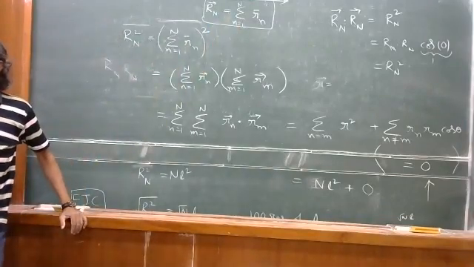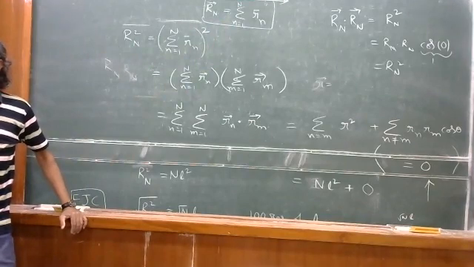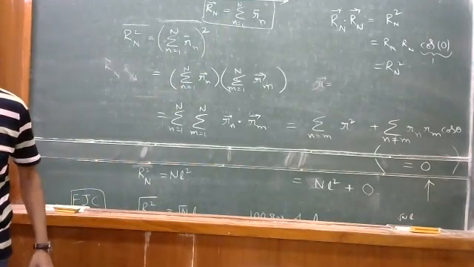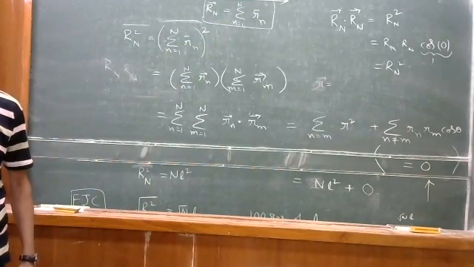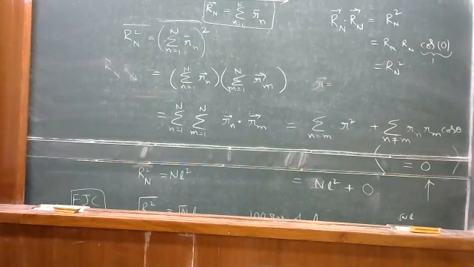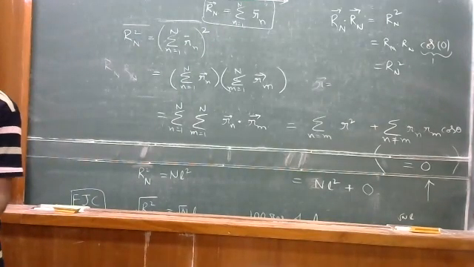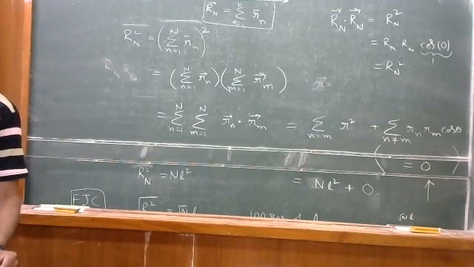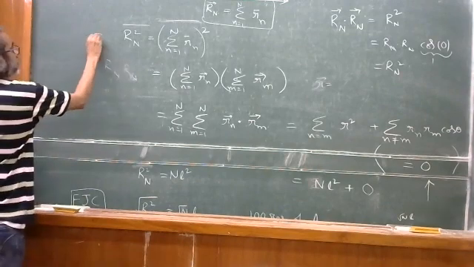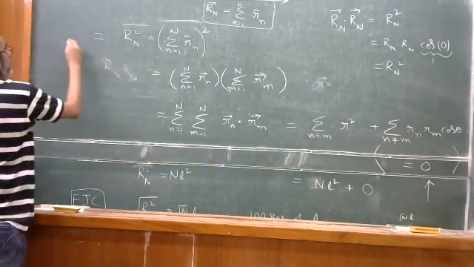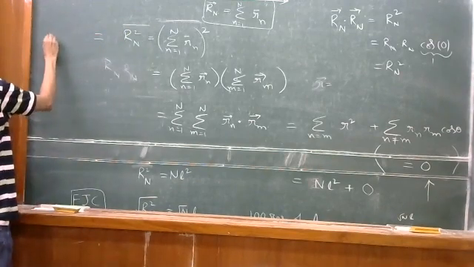In my opinion, it should be like this: capital N into the mean square part, so N into this thing, r square n ka bar, will be equal to the summation part. That's my opinion. So let's see if we have to write this. Okay, so then how do we write Rn?